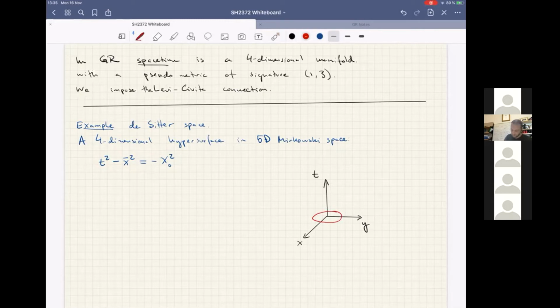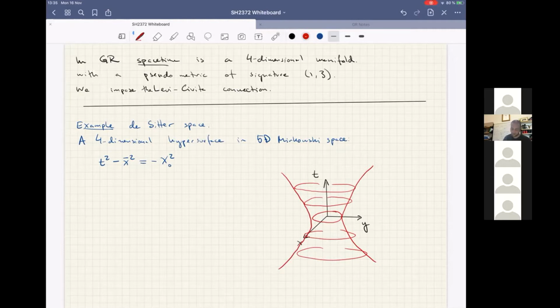So we would have something like this, increasing like this. And the same thing if I go down, we'll get something like this. So if I could draw properly, it would look something like this. So this is now the 2-dimensional de Sitter space.